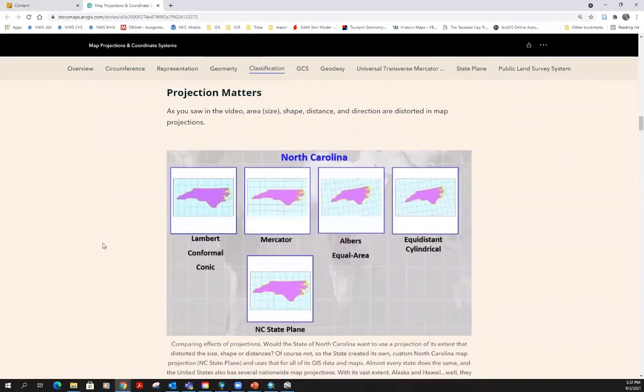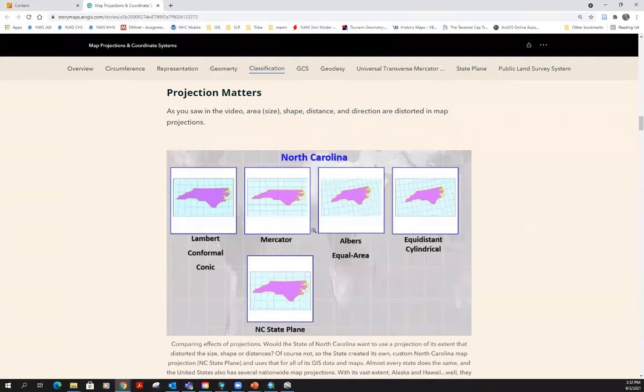Take, for example, the state of North Carolina, very wide or long east to west. They wouldn't want to use a projection for all their state maps that was centered on Kansas and minimized U.S. nationwide distortion. They want a map projection that gives the best view of North Carolina.